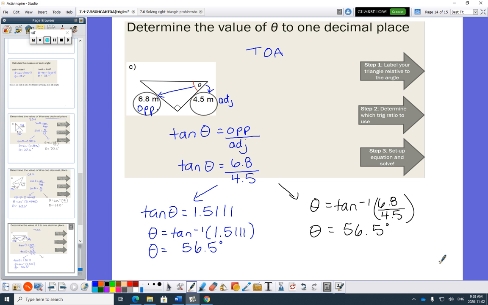Because you're in rad. So see this DRG? Make sure it's DRG. One more time. There you go.